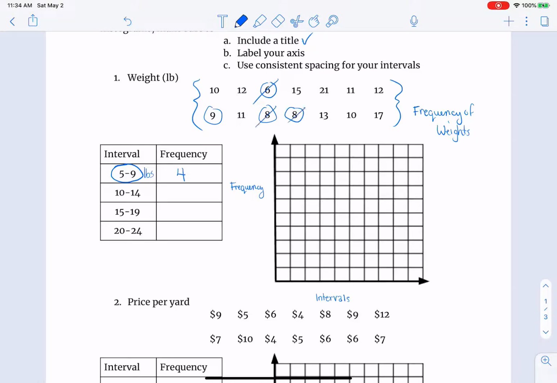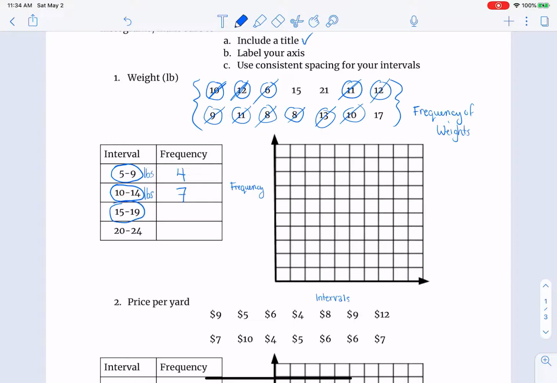So I'm going to cross those out, and we go to the next interval. So we want to look at all the measurements that fall within 10 and 14 pounds. So we have 10, 11, 11, 12, 11, 13, 10. So all the ones between 10 and 14, we have 1, 2, 3, 4, 5, 6, 7 that fall into that interval.